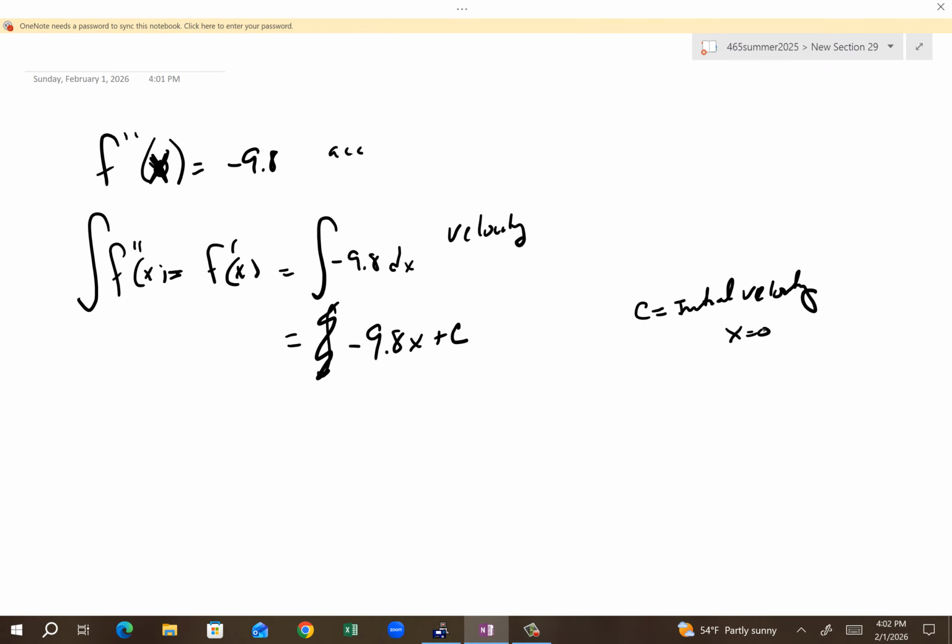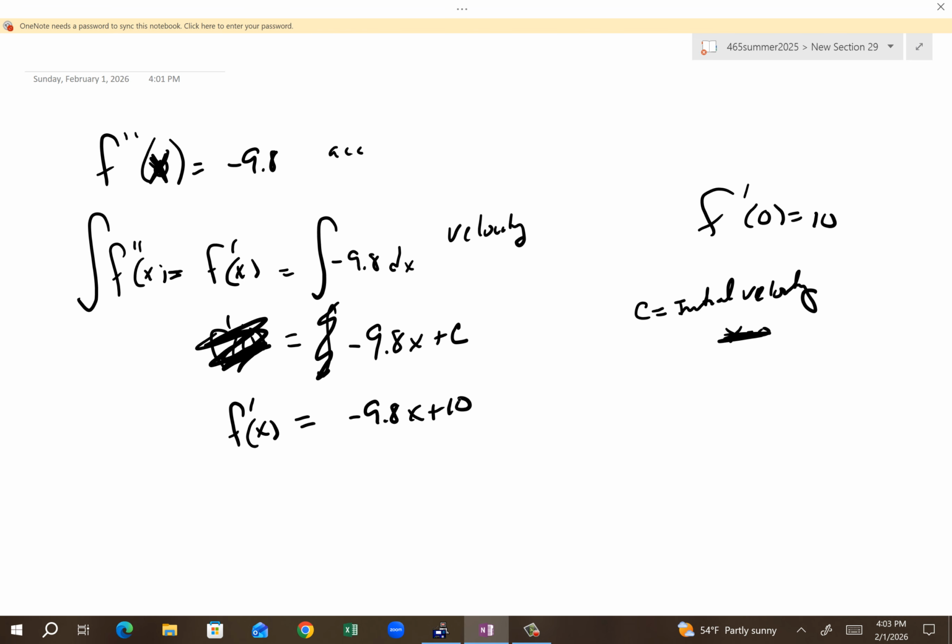So if x equals 0, let's just say this is f prime of 0. And we would say that this is true, because at 0, you would have 10. And then if you wanted to find f of x, well, that would be the antiderivative.